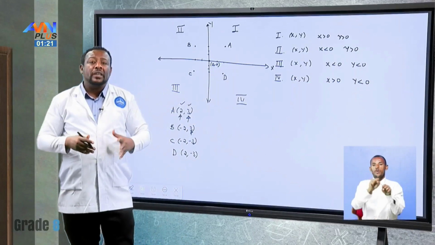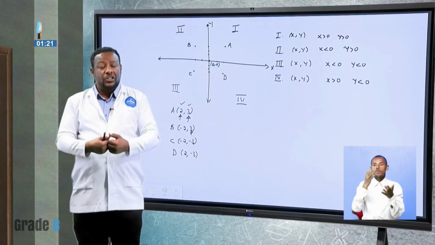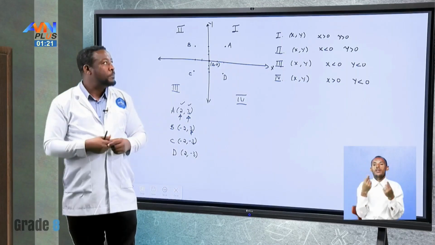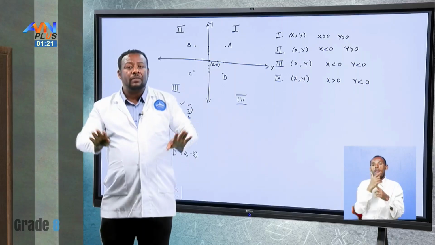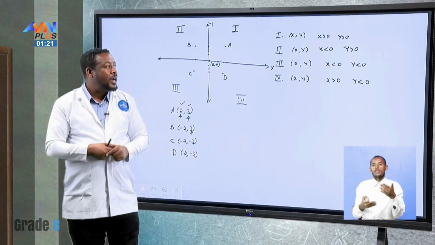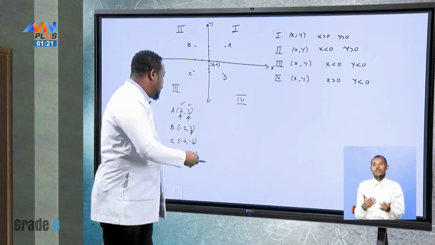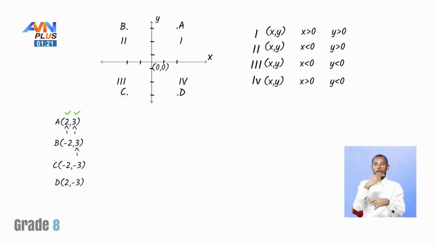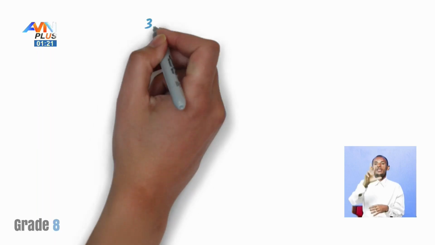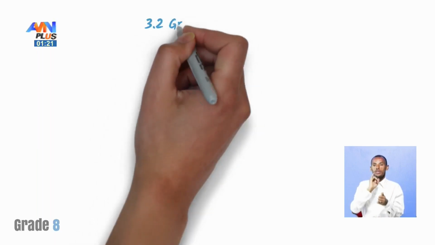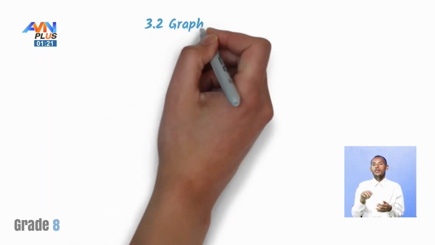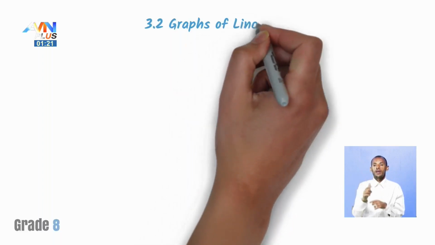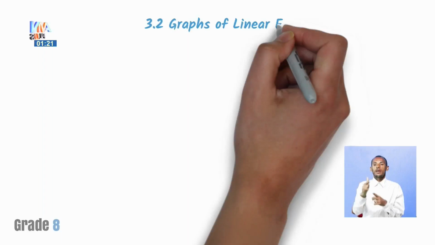So knowing the location of a point in the Cartesian coordinate system is very important to understand the graph of a linear function, the graph of any function, which will be part of our discussion today, okay? So today we will see 3.2, which is about graphs of linear functions.